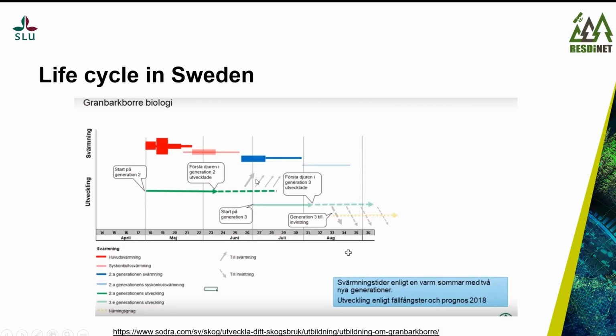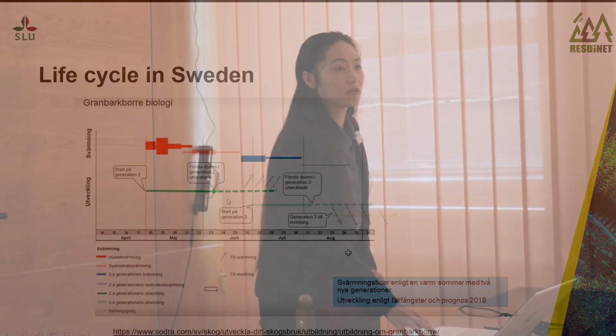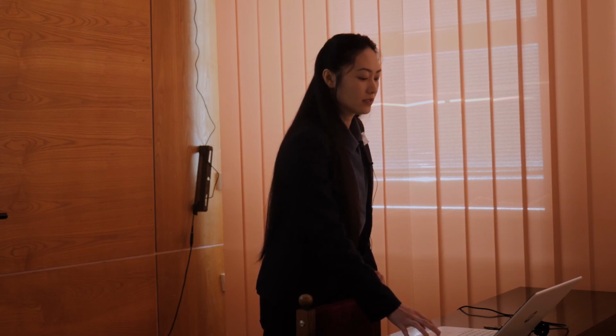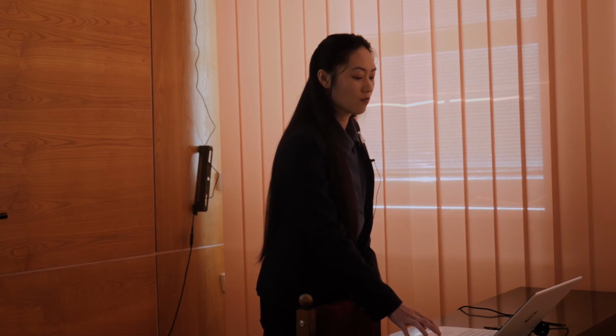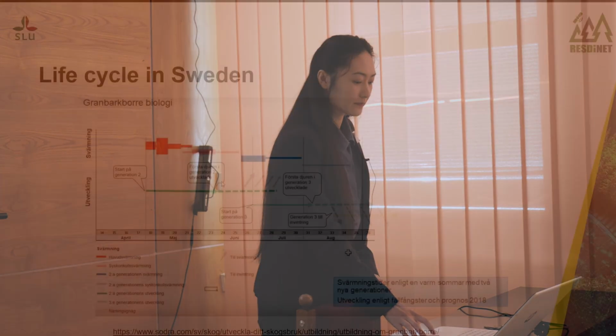So we consider this time, when the eggs are already under the bark but before the bark beetle adults go out of the bark and spread into the healthy forest, a key period for us to detect the trees and remove them from the forest. And that's a way to control the population and avoid more spreading.